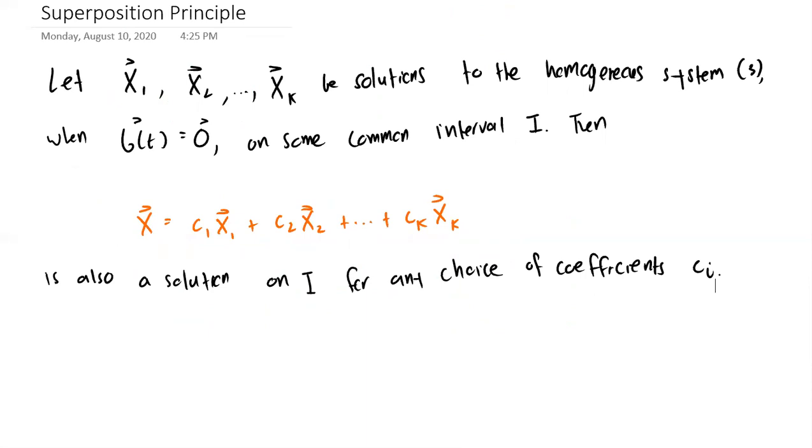And again, that means that g of t is the zero vector, on some common interval I. So all of these vectors have to be solutions on a common interval I. Then, as we saw in chapter 4, any linear combination of these vectors is also a solution on I. So again, everything generalizes to the system case very easily because we're working with linear equations. And linearity is the key.